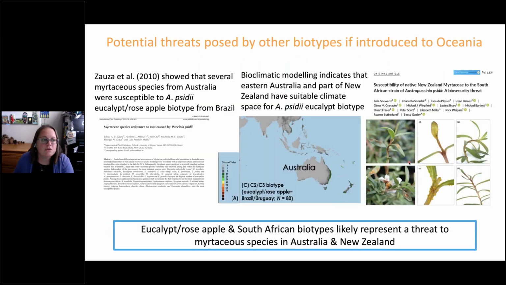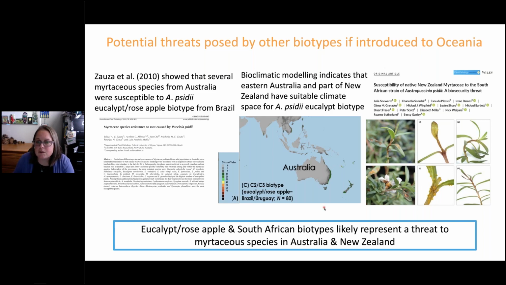These potential threats have also been looked at by other researchers. Zhao et al. looked at what the threat would be on Rutaceous species if there was the introduction of eucalyptus rust into Australia, and there were several different species that are at risk. Our bioclimatic modeling also shows that there is some suitable climate space for the eucalypt biotype.